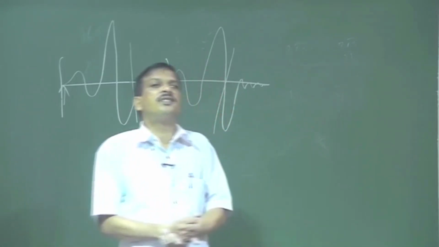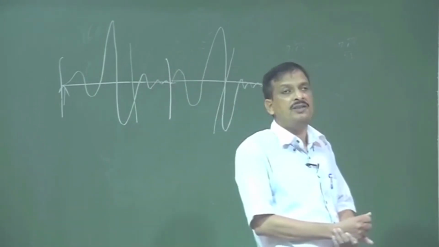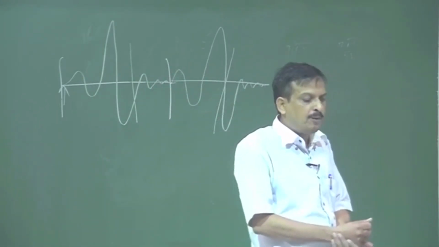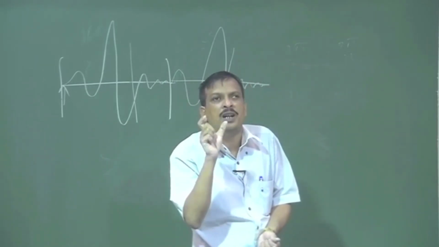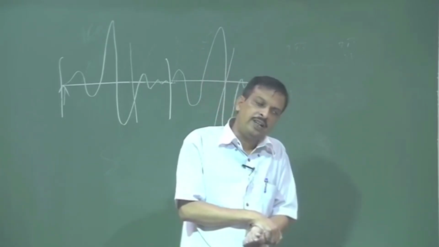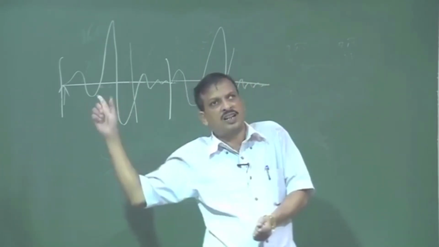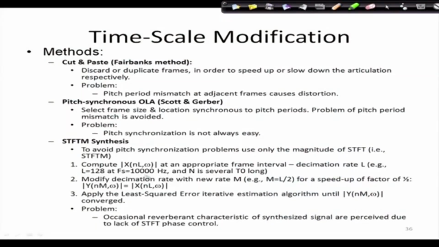Other is called STFTM synthesis. To avoid the pitch synchronous problem, use only the magnitude spectra of the frame. From the magnitude spectra, it is possible to synthesize the speech signal. So compute X(nL, omega) at appropriate frame interval or decimation rate, and appropriate window length and appropriate, you can say, length of the DFT.